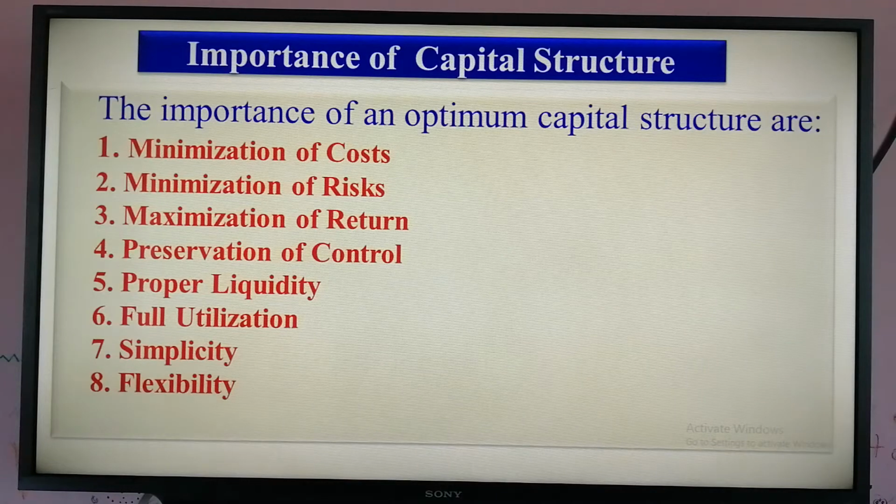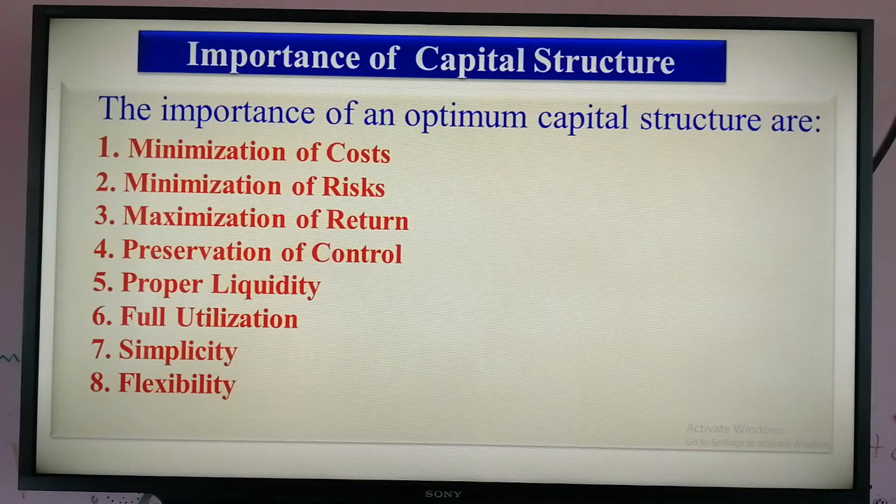Think about issuing common stock versus issuing debenture. Make a combination between equity and debt capital. The best combination will help you to control, with no huge common stock issue or no huge debt capital issue. That will confirm the preservation of control.